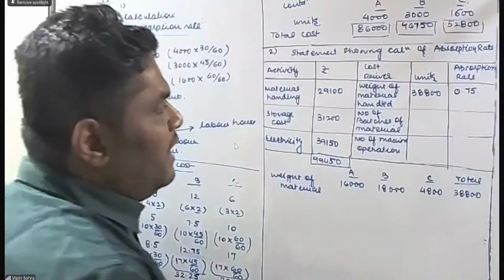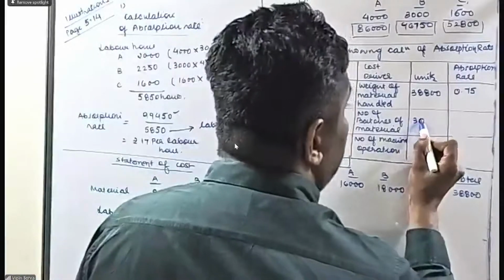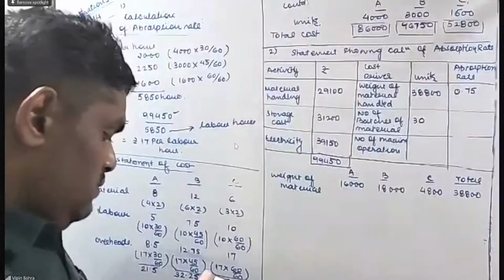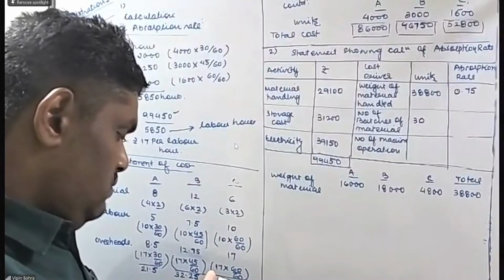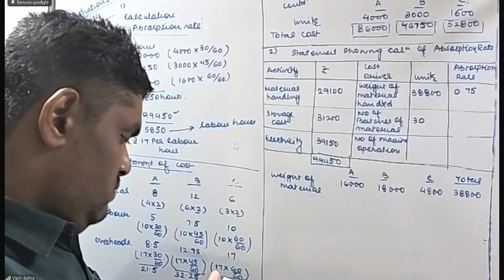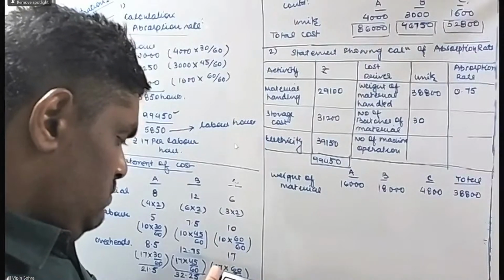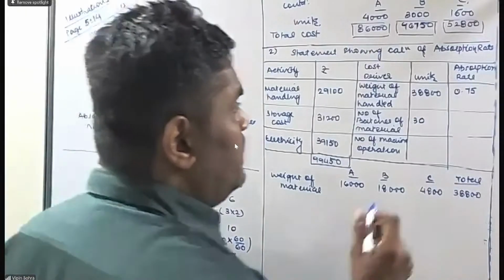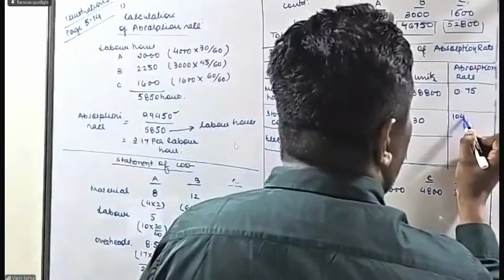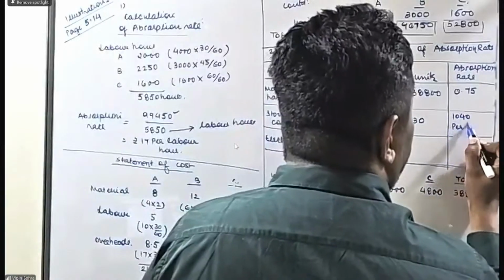So total batches are how much? 30 batches. So this will be 1040 per batch.